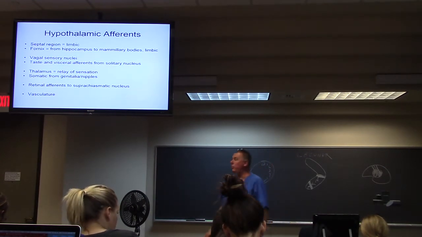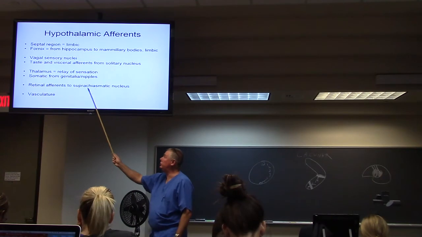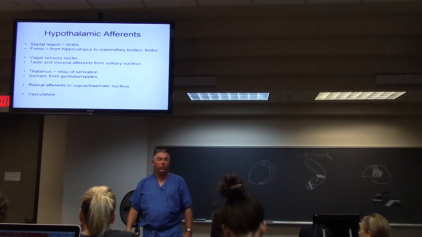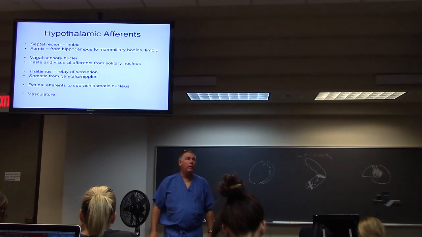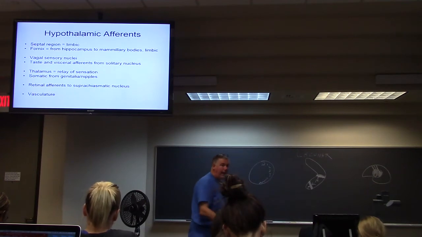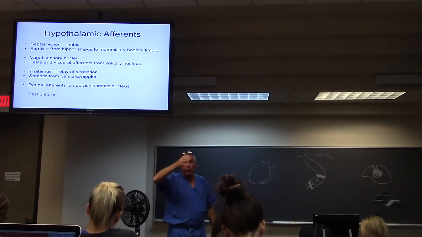You also have retinal projections to the suprachiasmatic nucleus, one of those I have underlined. Direct retinal projections, not relay, direct retinal projections to the suprachiasmatic nucleus. Again, going back to that daylight deal with reproduction.